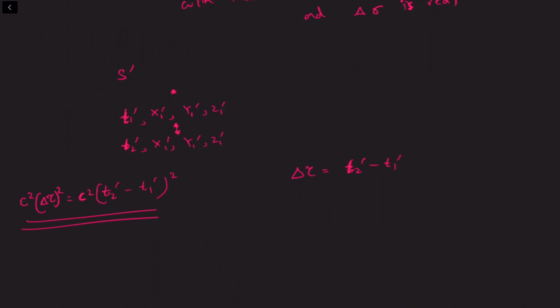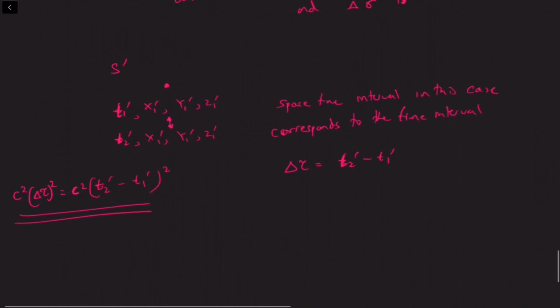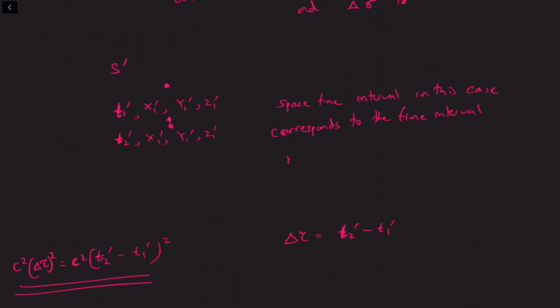So in other words, the space-time interval in this case corresponds to the time elapsed, or the time interval measured on a static clock in frame S prime.